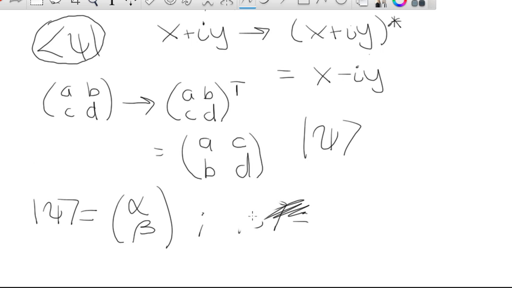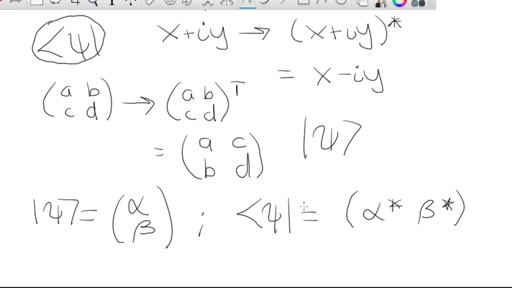What we wanted to write was, okay, so coming back here, now bra of psi is equal to, now we take the complex conjugate, so what we'll have is alpha star and beta star, and all the rows, so this column now becomes a row, which is a transpose. So we have a row here with alpha star and beta star. So this is the bra now.